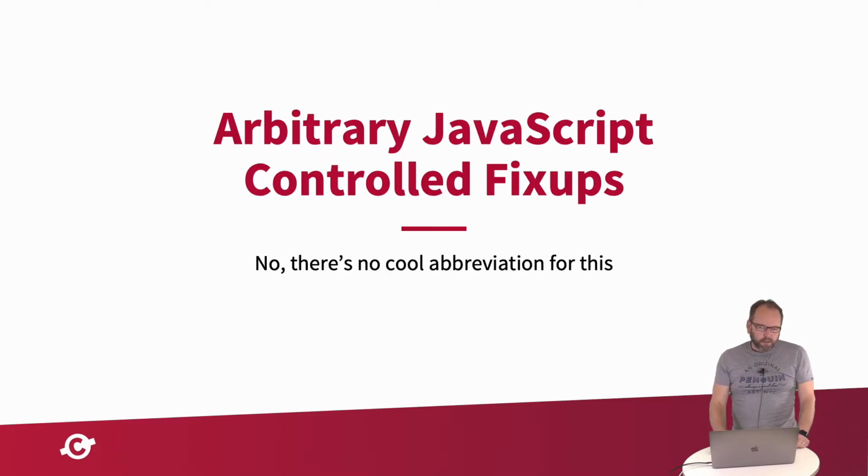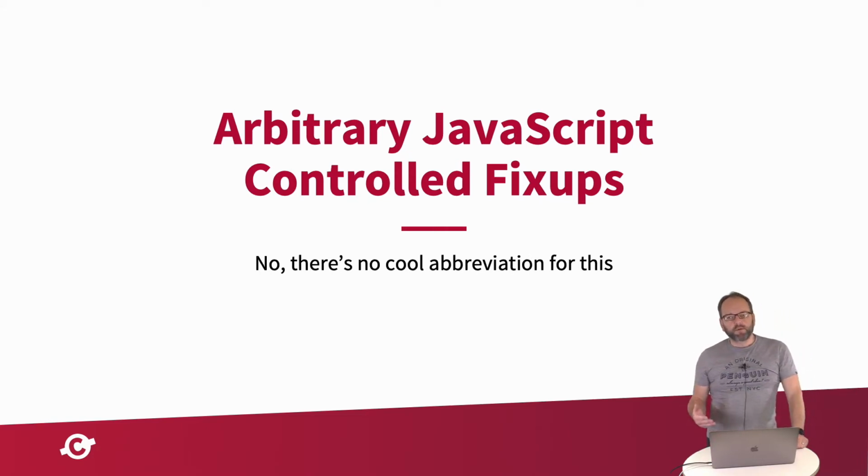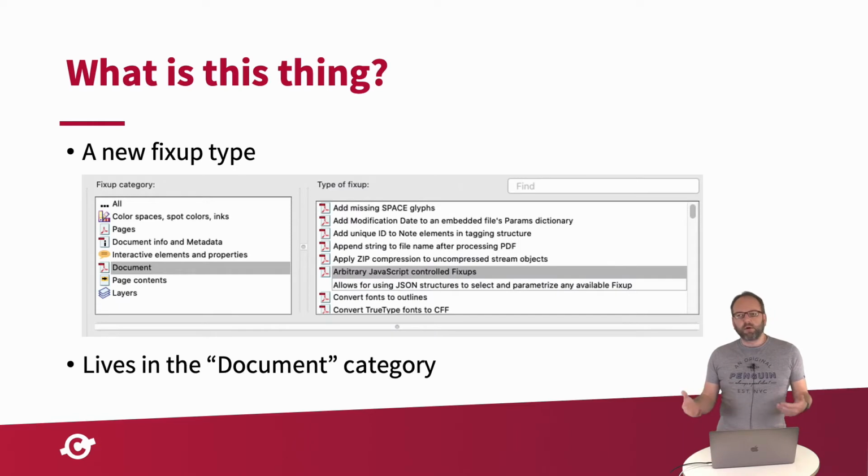And so in pdfToolbox 12, there is a new concept, and the new concept has absolutely no cool abbreviation. It is called arbitrary JavaScript controlled fixups. And while it says fixups, it's really only a new fixup type. And that fixup type lives in, strangely enough, the document category.